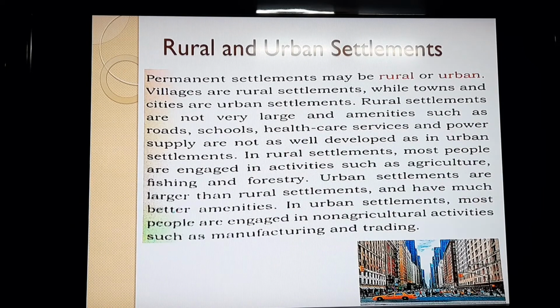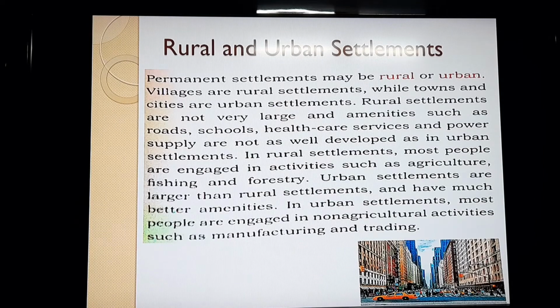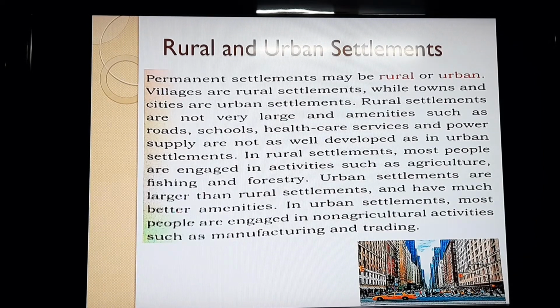Most of the people in the rural settlements are engaged in activities like agriculture, fishing and forestry. And in urban settlements, most of the people are engaged in non-agricultural activities like manufacturing and trading. Here you can see the picture also of the urban settlement.